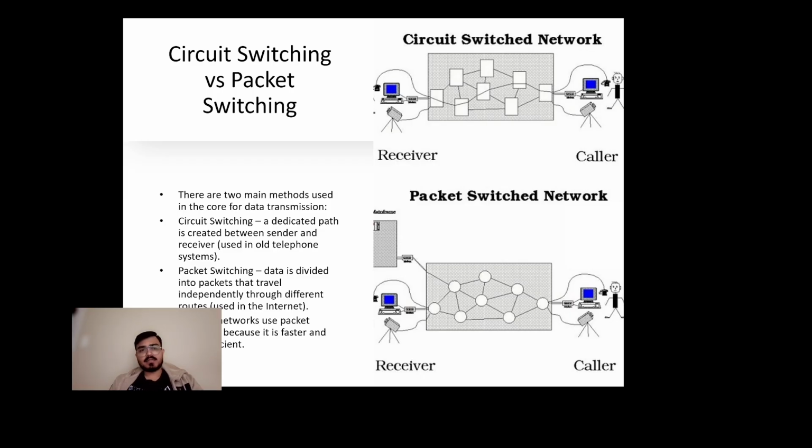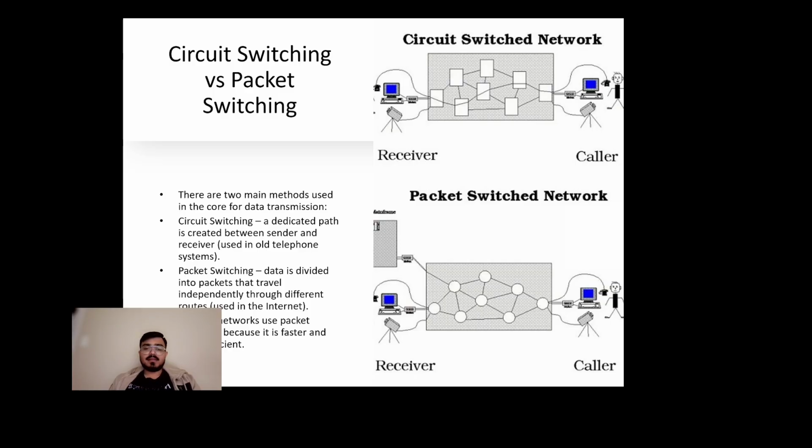So let's see circuit switching versus packet switching. There are two ways data can travel through the internet. First one, circuit switching, a dedicated connection between sender and receiver, like a private phone call. This was used in the old telephone system. Second one is packet switching. Data is broken into packets and each packet travels through different routes independently.